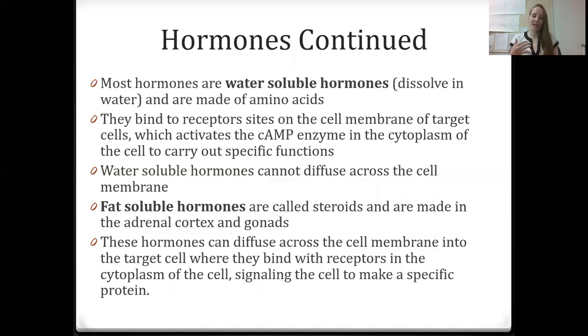Water-soluble hormones can't actually diffuse across the cell membrane because the inside of the cell membrane has no water in it. Then you have the fat-soluble hormones, which are also called steroids. They're usually made in either the adrenal cortex or the gonads, which are the testes and ovaries. Those hormones can diffuse through the cell membrane and actually bind to a receptor within the cytoplasm of the cell.